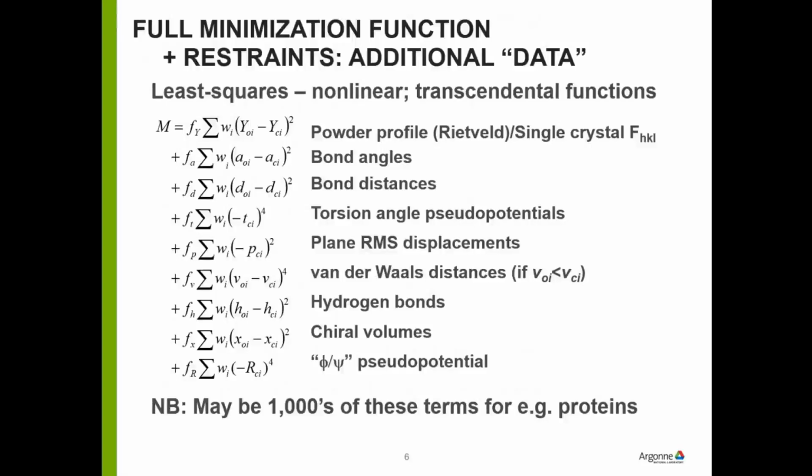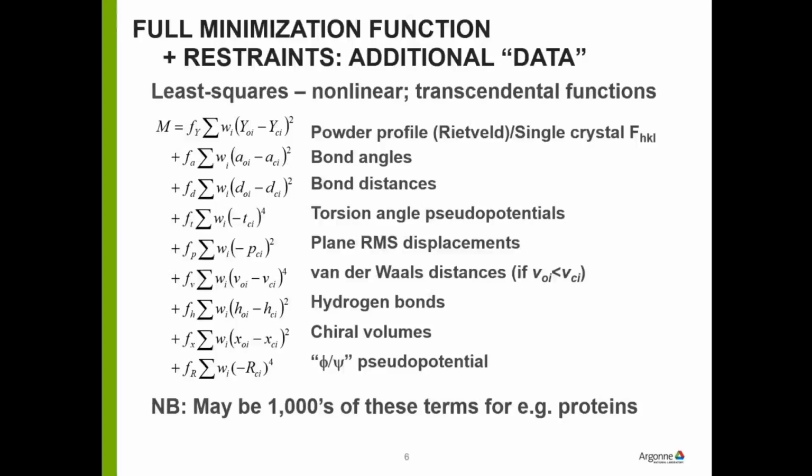Restraints are additional observations. So you have a powder pattern, say, with a number of peaks and profile points, and it's not enough information to restrict the crystal structure to what it is. So you add in extra terms that restrict things like bond lengths and angles. Those are additional observations on the crystal structure, and so they go into the least squares as additional observations.